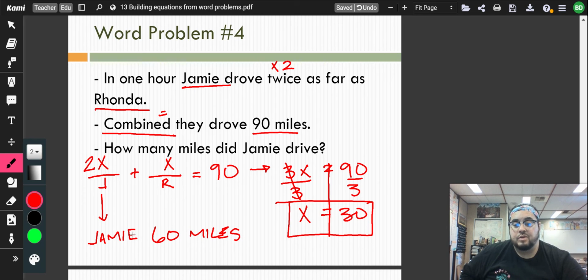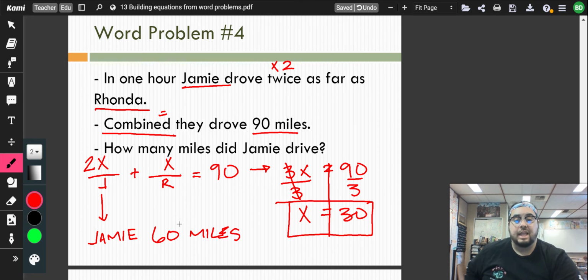Oh, and I forgot to write drive in there. That's okay. Jamie drove 60 miles. Okay. So remember that you have to always come back and look at the context of the problem, answer the question at the end. Jamie drove 60 miles would be how many miles of the 90 that they contributed.